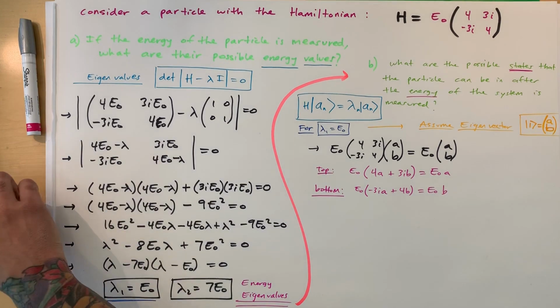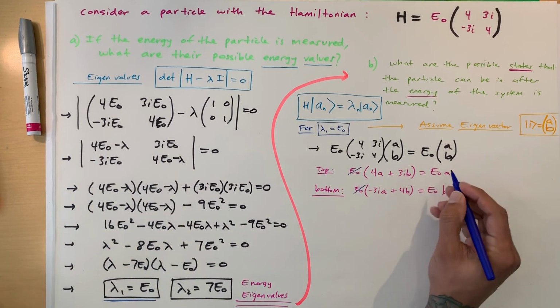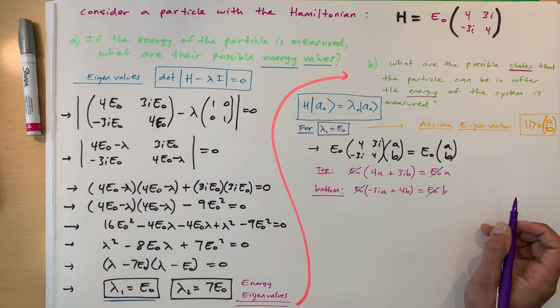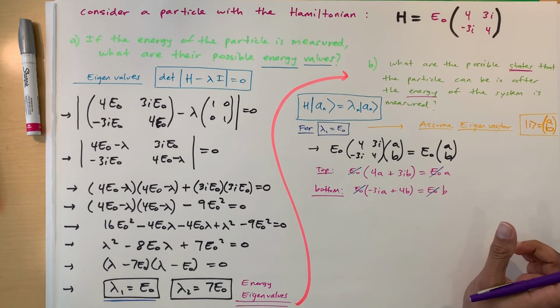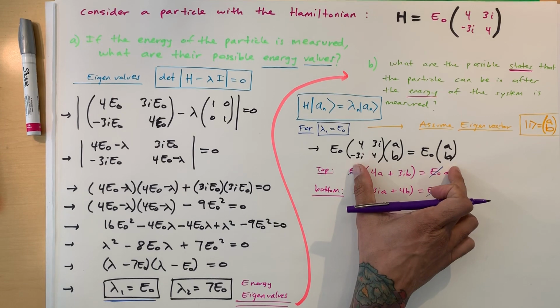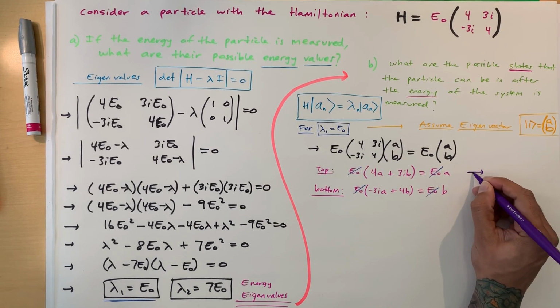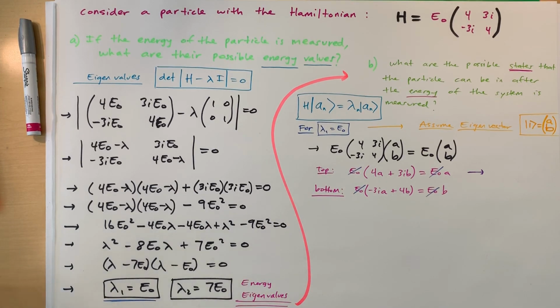Okay, so you can clearly see that the E naught cancel. And let's work with the top one. We have this top equation here. Let's move it this way, right, and solve.